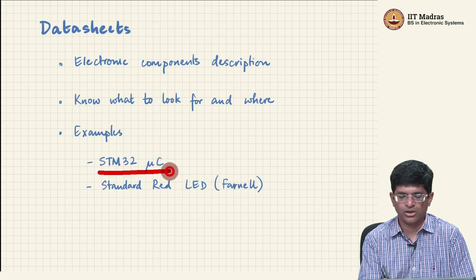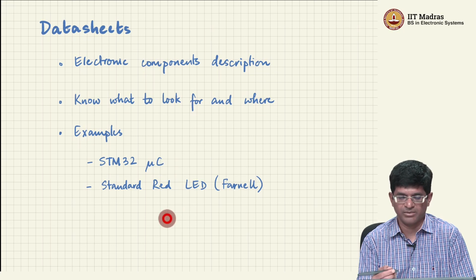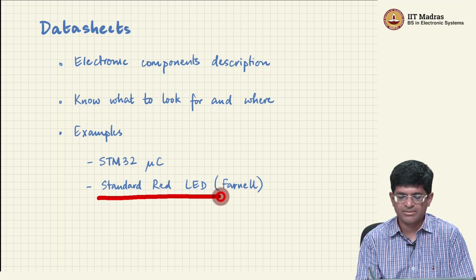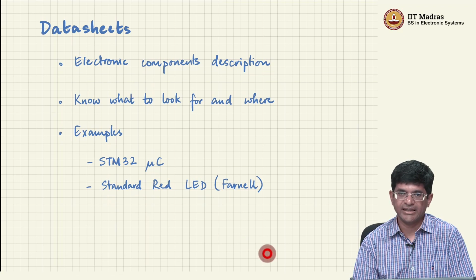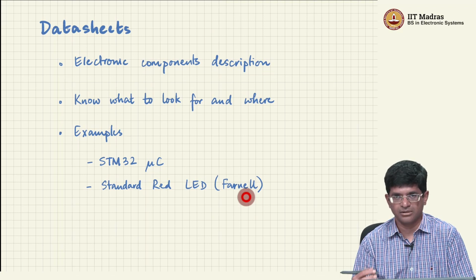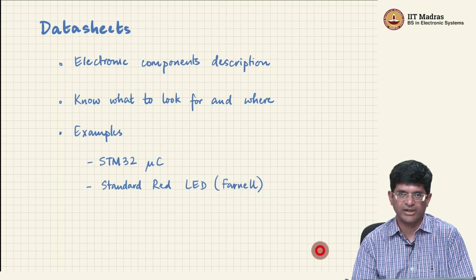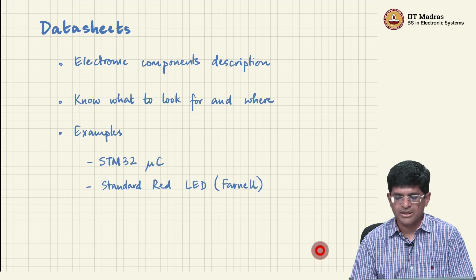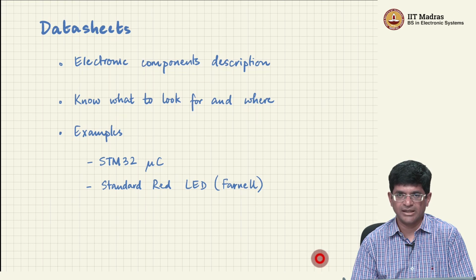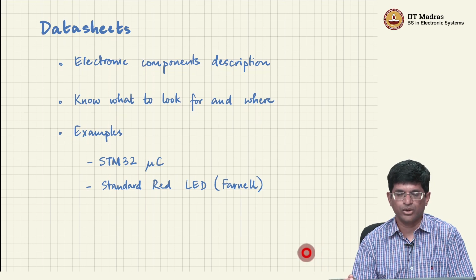One of them is for the STM32 microcontroller, the C031 family that is being used in the examples that we are looking at, and another is for a standard red LED. This is from the Farnell web page, Farnell being a reseller of electronic components. They have a data sheet corresponding to one of the LEDs available in their inventory, and we are going to take a look at what we can infer from that.